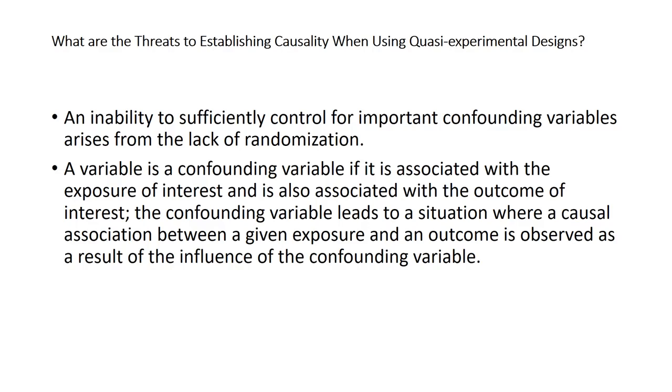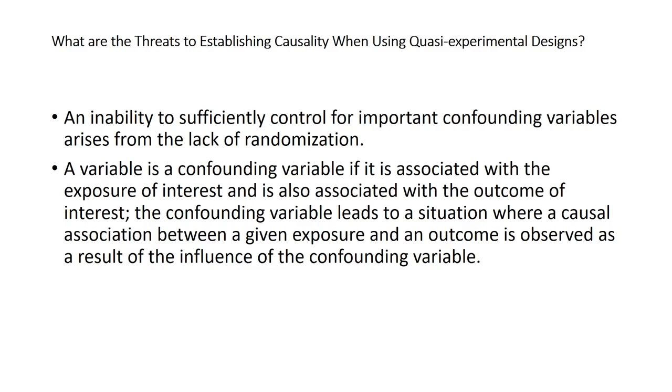However, quasi-experiments have certain flaws related to causality. The first one is the inability to sufficiently control for important confounding variables, which arises from the lack of randomization. We said that RCTs are so strong because randomization can solve all the confounding variables. Both teams are, after randomization, comparable. However, we don't have the same in quasi-experiment.